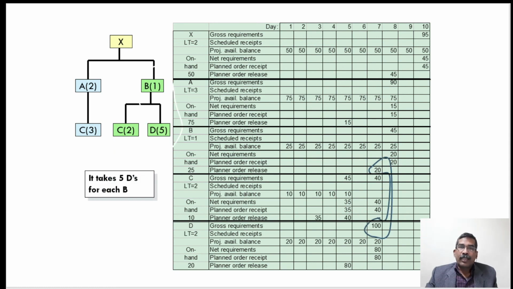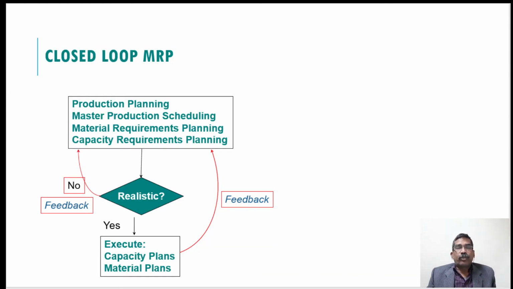This is for item B, that is B assembly, and D is related to B. Therefore, this is shown by this line here, showing how many components of D are required for the 20 components of B. Now, the closed loop MRP.